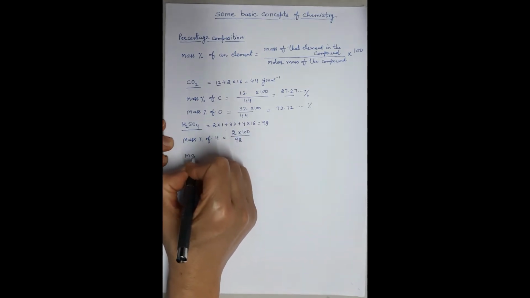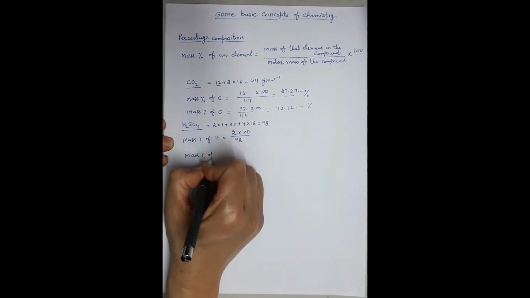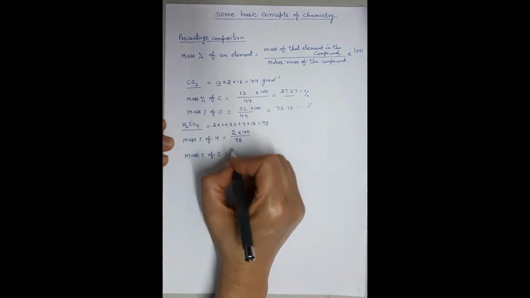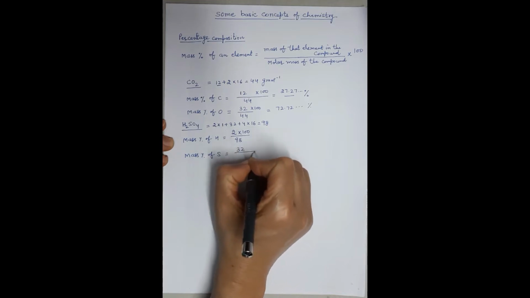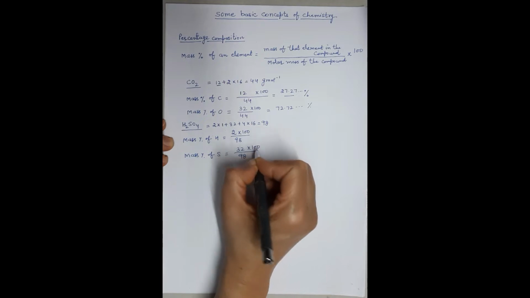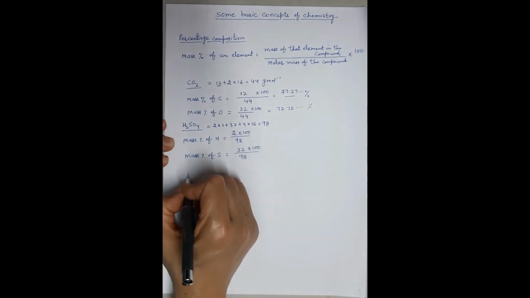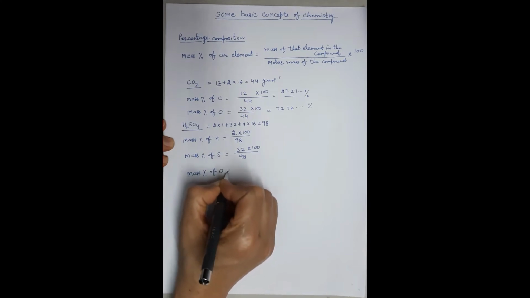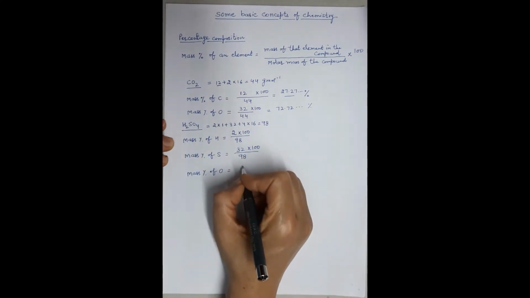Similarly, you find out the mass percentage of sulfur. There is only one mole of sulfur present in this, and its molar mass is 32, divided by 98, into 100. You can find out the mass percentage of oxygen. There are 4 moles of oxygen present.